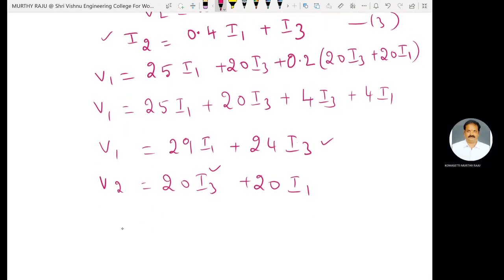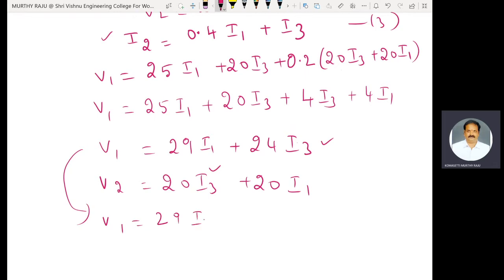Therefore, from this one, V1 is equal to 29 I1 plus 24 I3, where I3 is equal to I2 minus 0.4 I1.